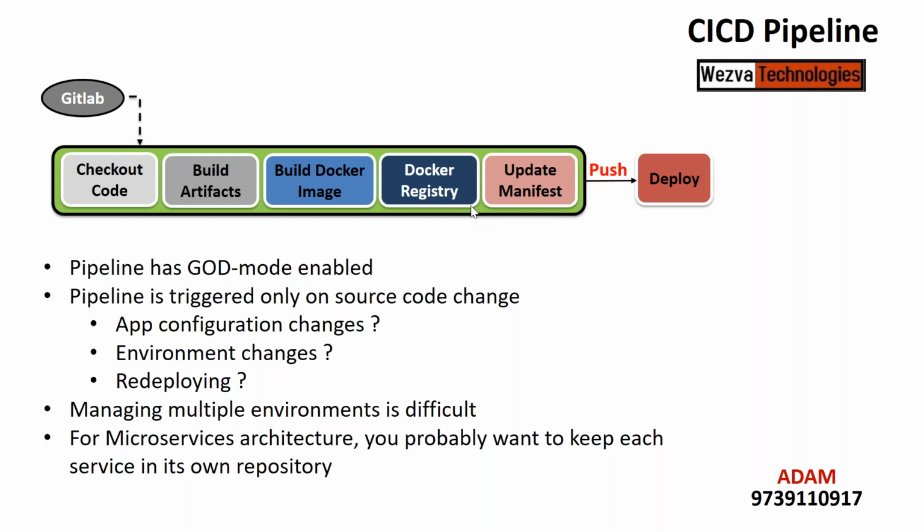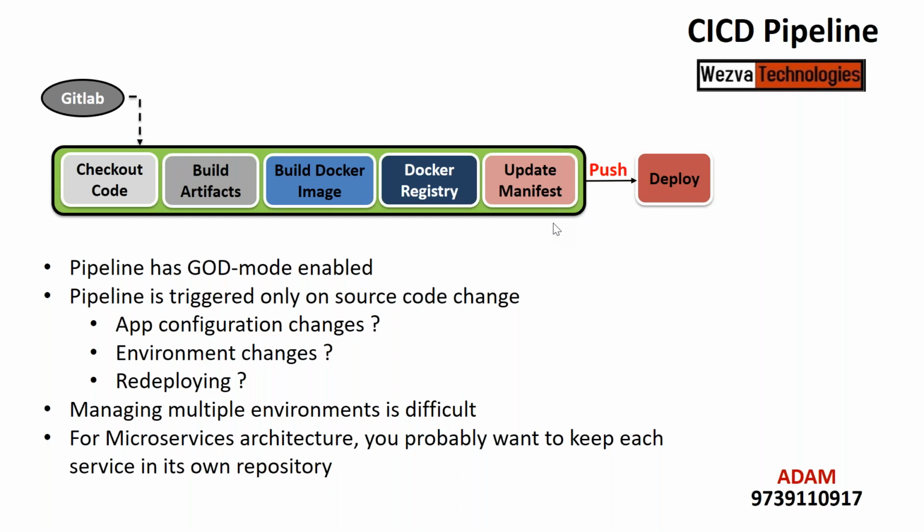Not just that. What if I say it's very simple, I just want to change my replicas. I don't want to change any of those. I just want to change the replicas. Whatever your application is running, it also has its own environment. So I want to change some service type. I want to change some port number. Then what will happen?